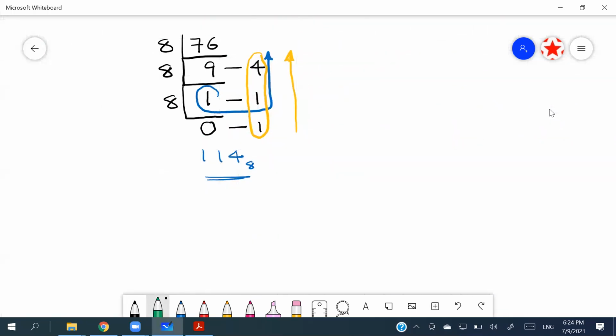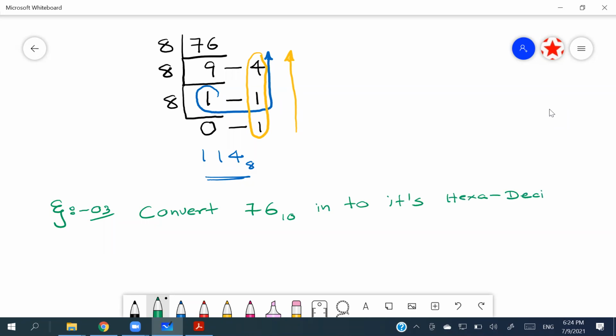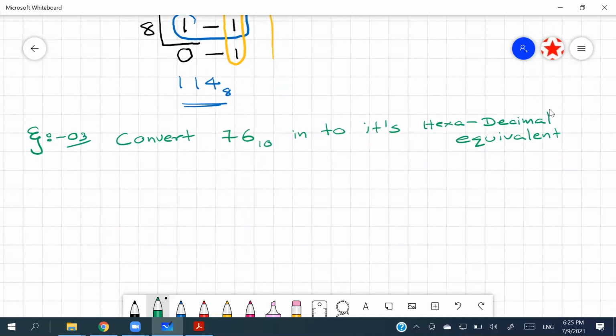So third example. Convert the 76 in decimal into its hexadecimal equivalent.